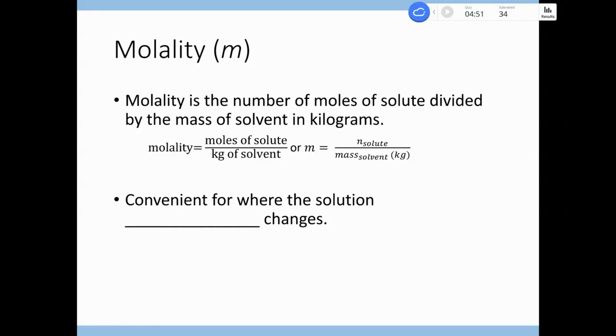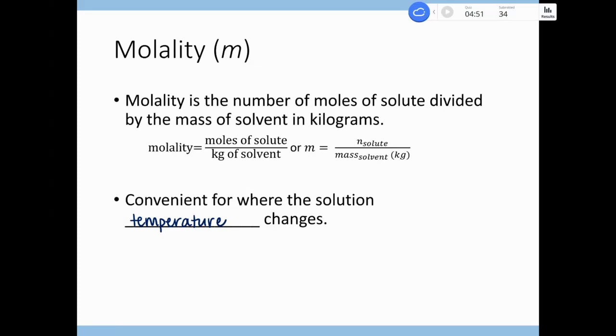Molality is convenient when temperature changes because it doesn't include volume in the calculation. Instead of volume, we're looking at moles and kilograms. So this is the number of moles of a solute divided by the mass of the solvent only.